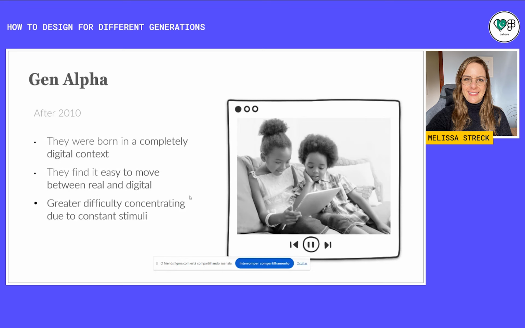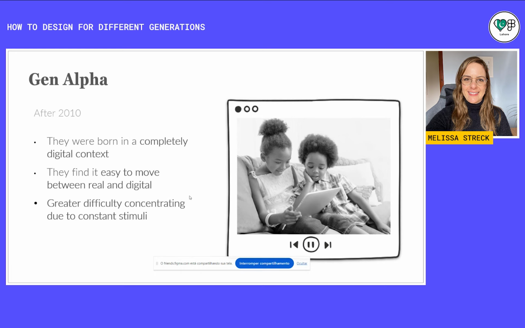Then we have, finally, Gen Alpha. That's the generation born in these current years, and they are born in a completely digital context. They find it easy to move between real and digital. I have a daughter in this generation. They're very familiar with what's digital, and it's easy to make the transition to the real world.